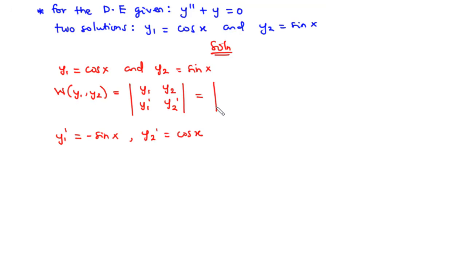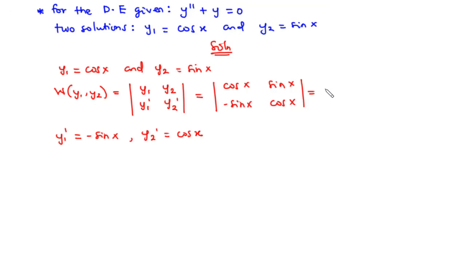So to find the Wronskian, we have y1 as cos x, y2 as sin x, y1 prime as negative sin x, and y2 prime as cos x.